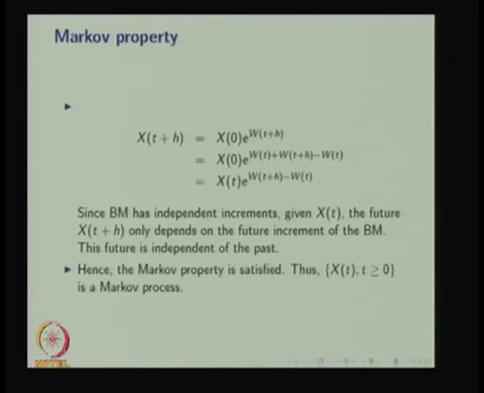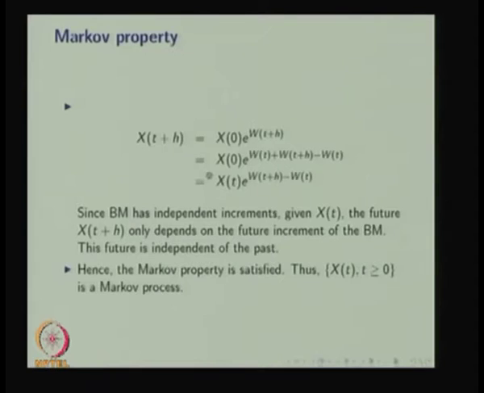We already know that the Brownian motion or Wiener process satisfies the Markov property, and also the increments are independent along with the increments being stationary. Here we are going to use that the increments are independent. Since the Brownian motion has independent increments, given X of t, the future X of t plus h depends only on the future increments of the Brownian motion.